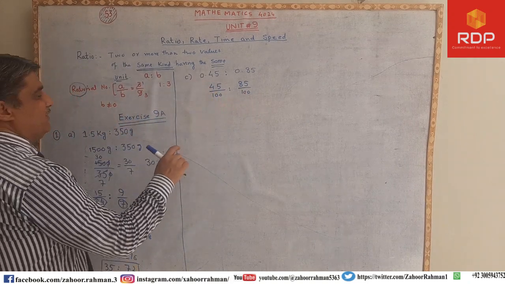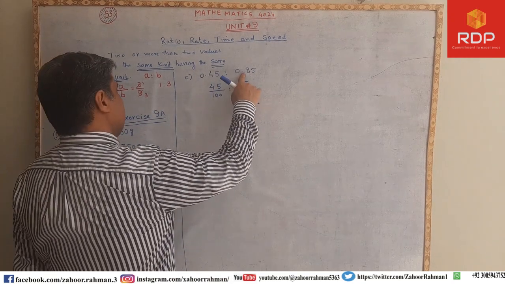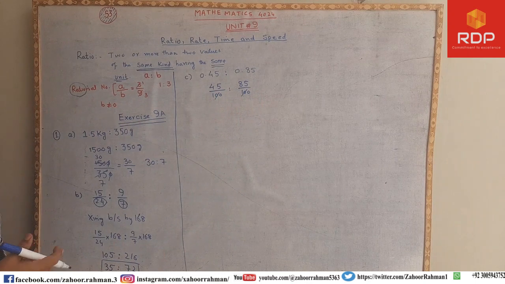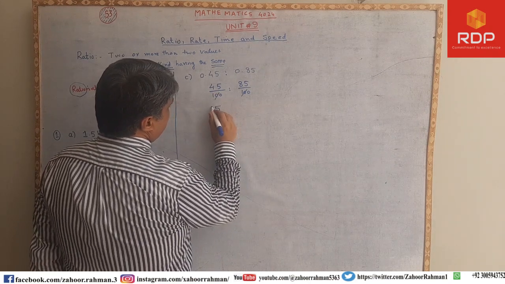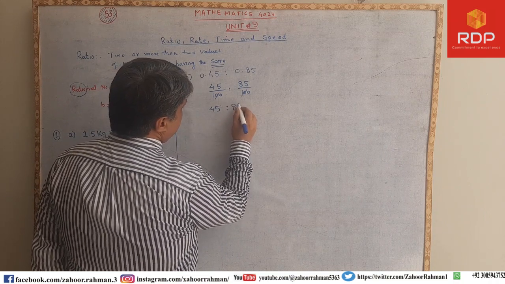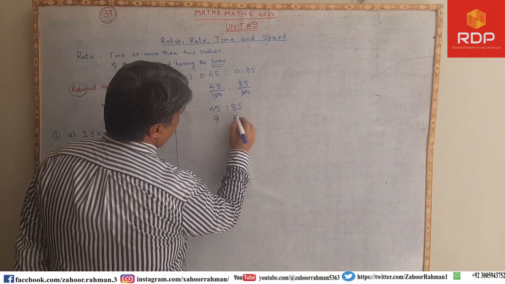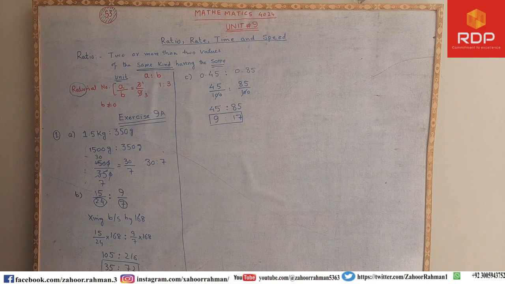For each decimal we will put 1 and there will be 2 zeros. So directly we can cut these, or multiply both sides by the same denominator. So here we are cutting it, and as a result we will write 45 and 85. Both are divisible by 5. So it will be 9 and 17, and that is the ultimate answer, the simplified form of the ratio.